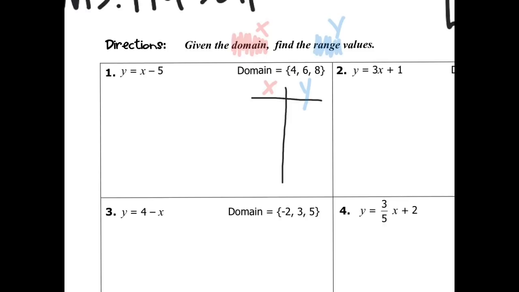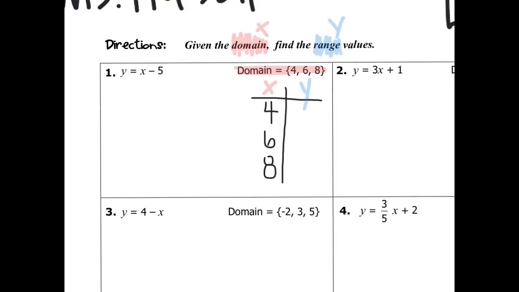So because I'm dealing in all domain right now, that means that all of these numbers here, 4, 6, and 8, would all go down the left side of my column. I would put x equals 4, x equals 6, and x equals 8. So if I know my x value, I'm going to go back over to my equation.